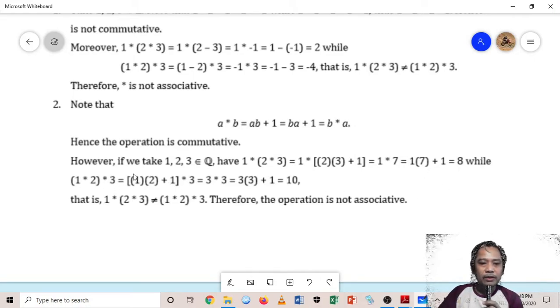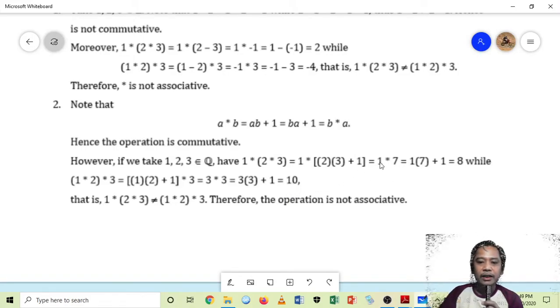While if we consider the first two, operating the first two elements first, that is the quantity 1 operation 2, before we operate it to 3, we would have the quantity 1 times 2 plus 1, operation 3. But 1 times 2 plus 1 is 3, so it will be 3 operation 3, which is equal to 3 times 3 plus 1, which is equal to 10.